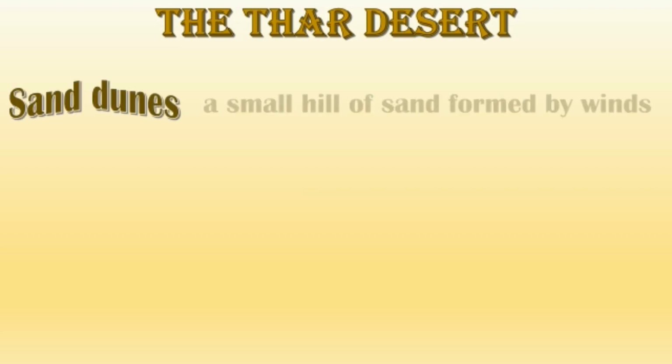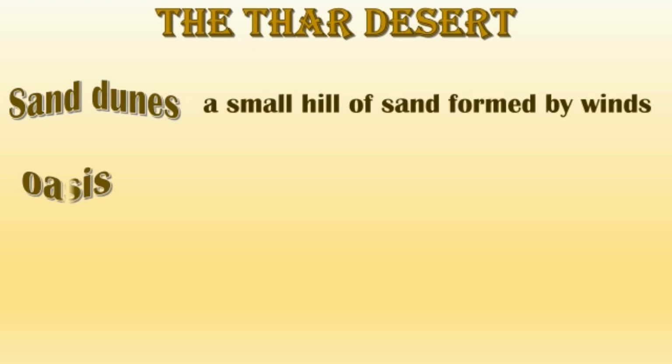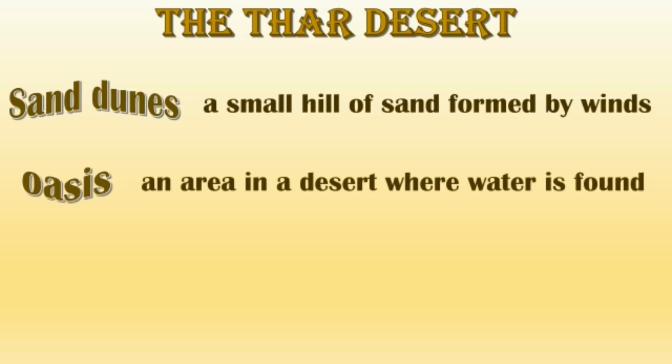Most of the desert is covered by shifting sand dunes. A sand dune is a small hill of sand formed by winds. Another feature of the desert region are oases. An oasis is an area in a desert where water is found.